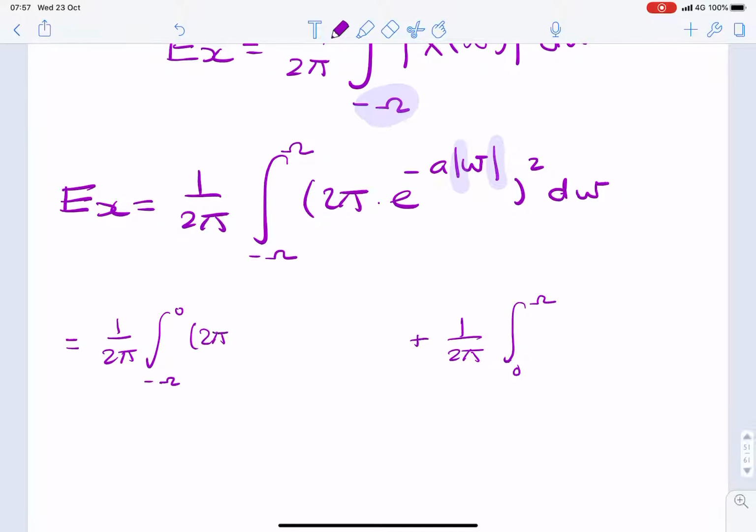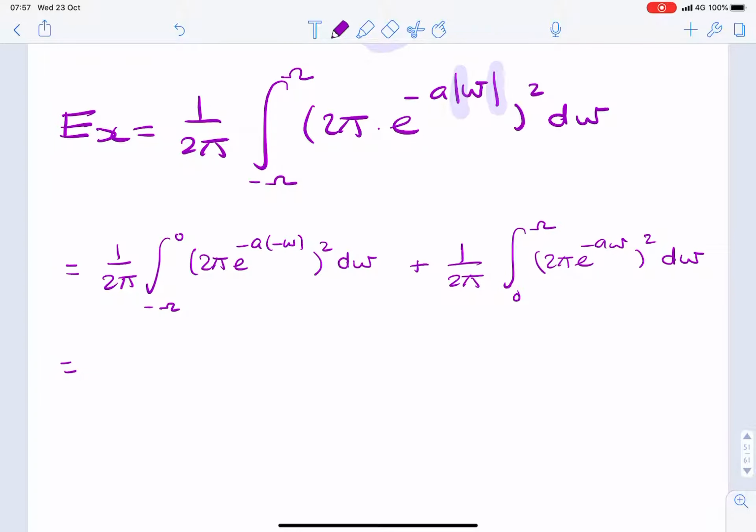So it's 2 pi e to the minus a omega, or I should really say minus a minus omega, squared d omega, 2 pi e to the minus a omega, squared d omega.